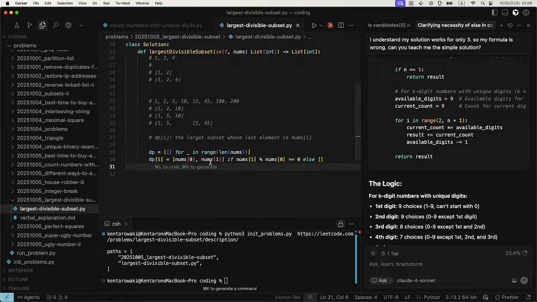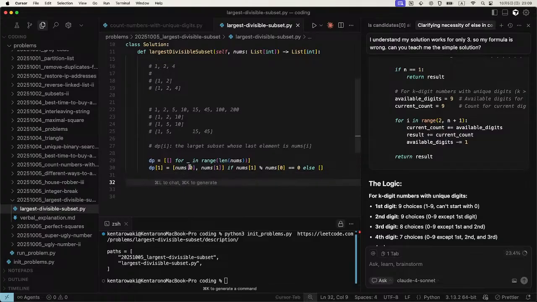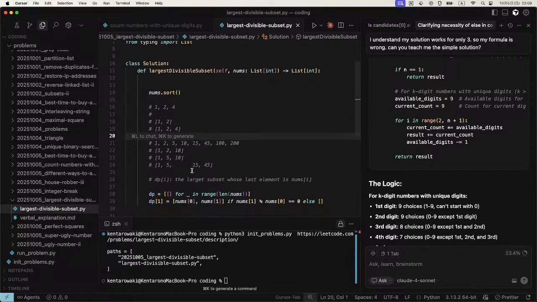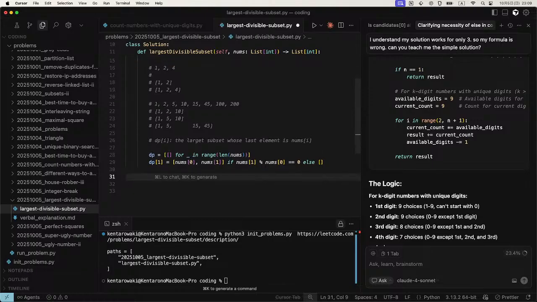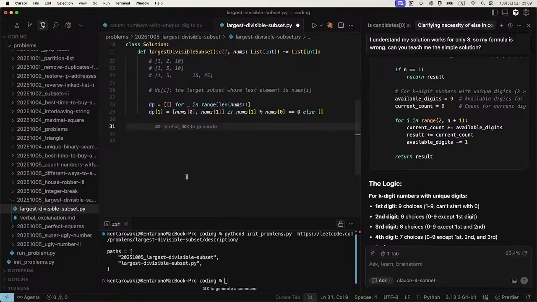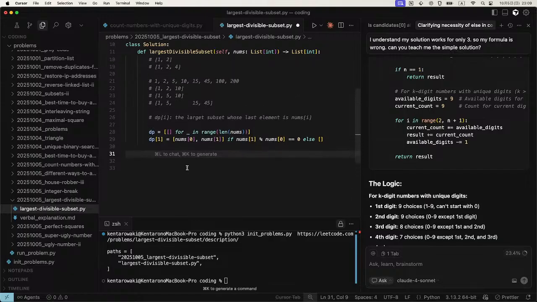That's an empty subset, right? Okay, DPI is like this. DP0 is, yeah, empty. I think so. Okay, here is a base case, and we are going to do a bottom-up solution.